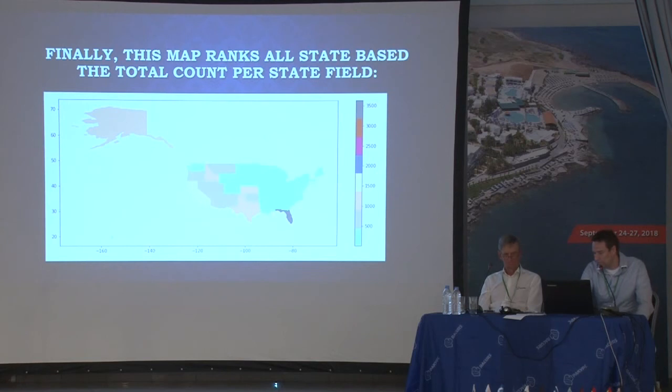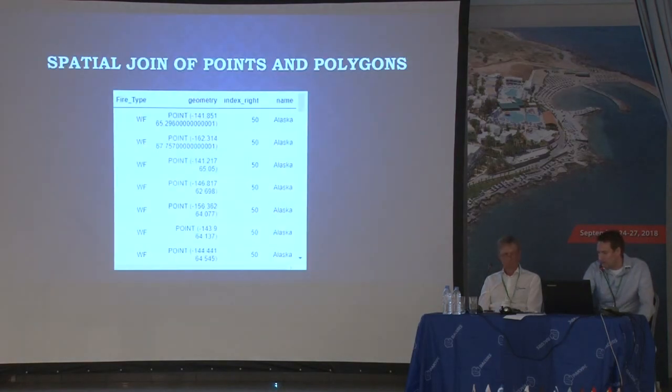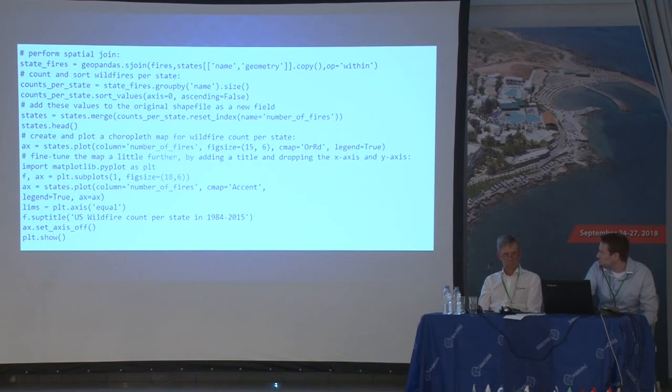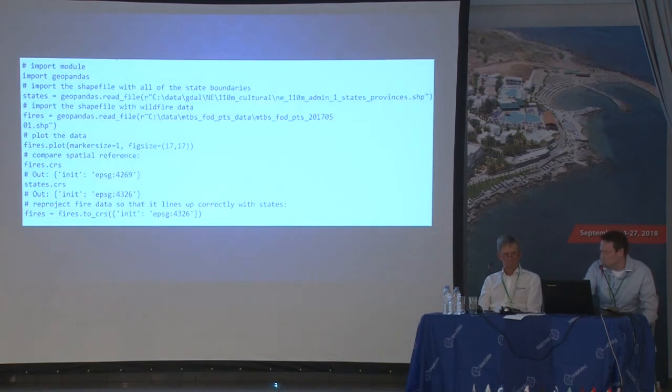These are all points, point geometries, but I want the name of the state where that point is. And I can do this by combining both data sets. This is the code that you would need. This is the first part of a script, this is the second part. And you need that to produce this map in Python.